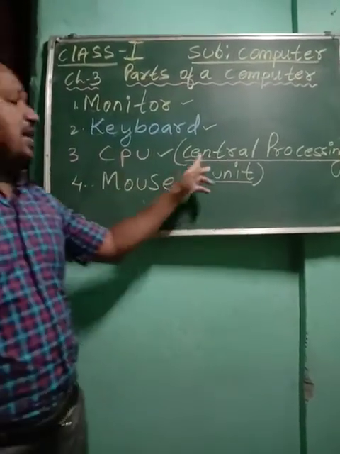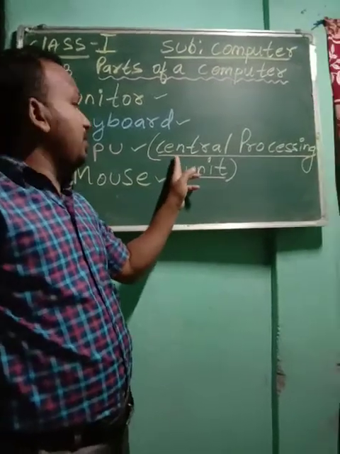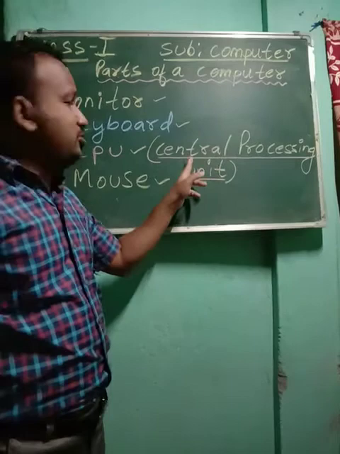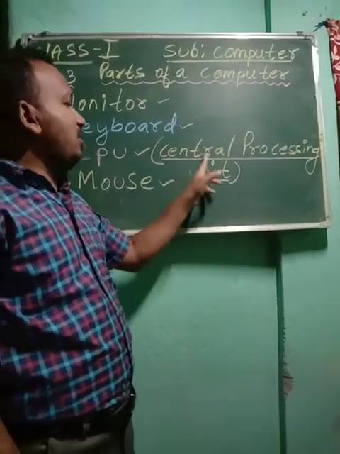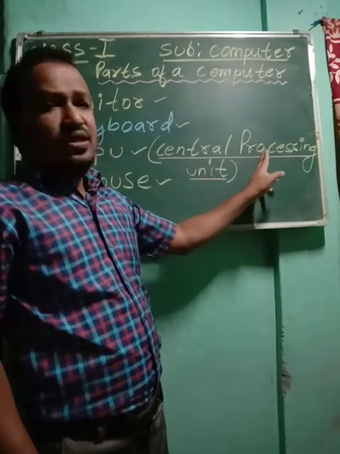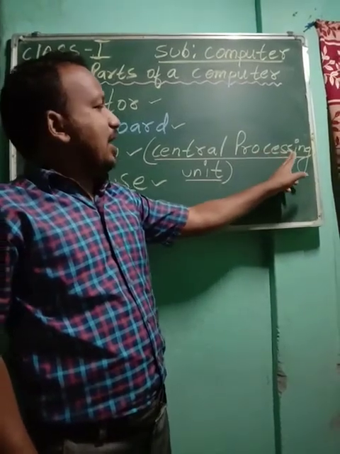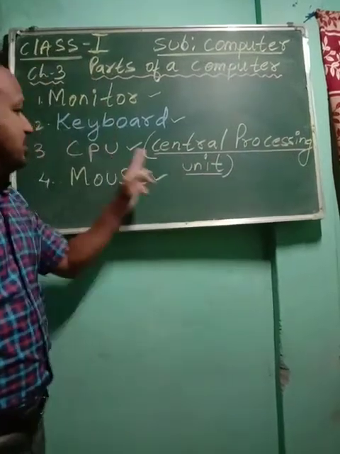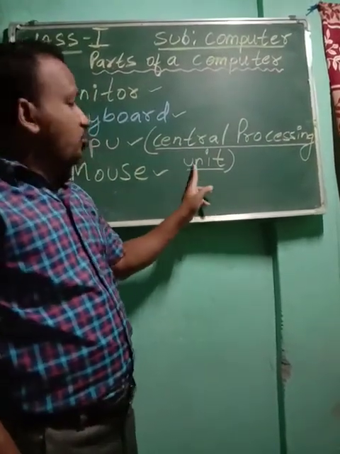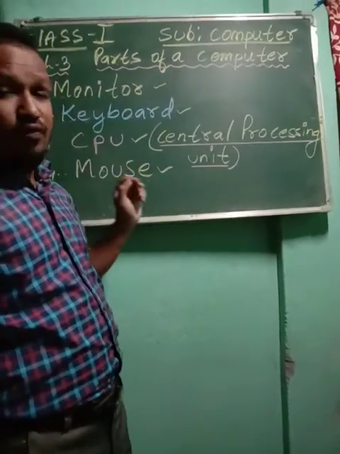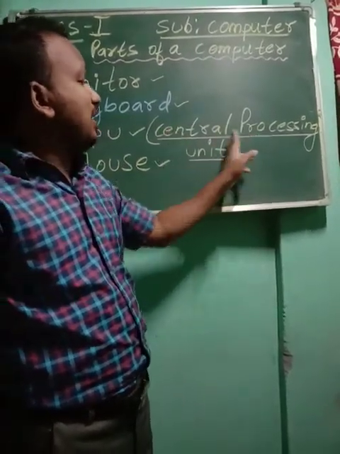C means central. Look, I am reading the spelling. CENTRAL, central. So C stands for central, P stands for processing, PROCESSING, processing, and U stands for unit, UNIT. Okay, so CPU stands for Central Processing Unit.